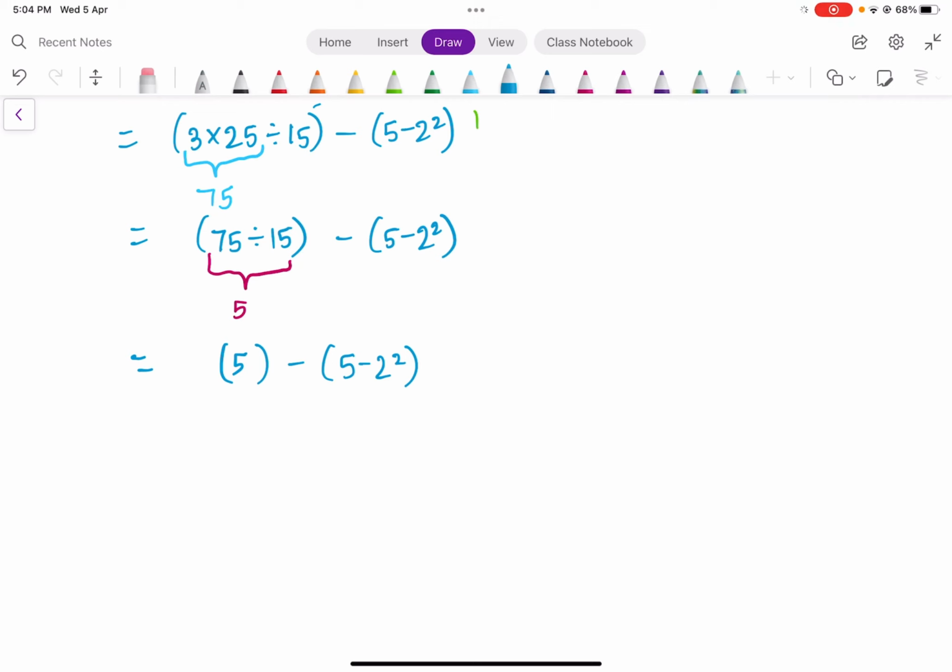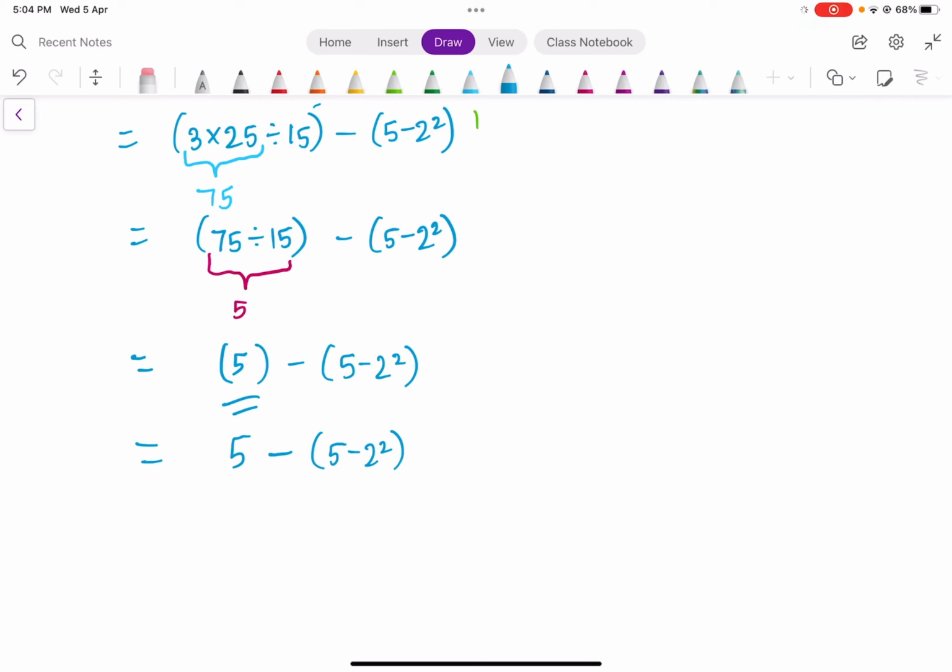So as you can see, in our bracket, we have nothing except a 5. So if we wanted, we could remove the brackets and just simply make it 5. So let's rewrite our equation to do that. That would give us 5 minus 2 squared, which is practically the same thing except without the brackets.